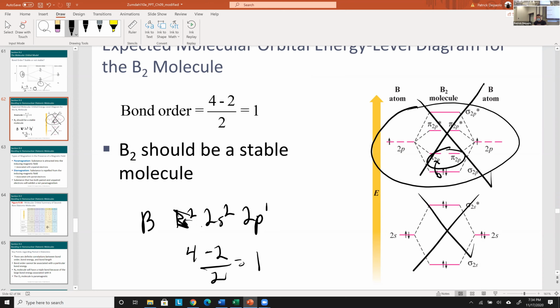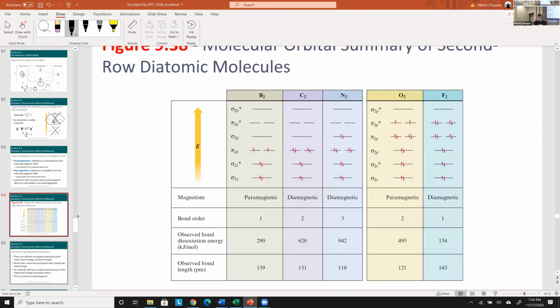So this is correct. I'll walk you through it. For boron, carbon, and nitrogen, not oxygen and fluorine, I'll draw them out on the side. In every case you have your s electrons, which are sigma and sigma star, and you're always going to have these filled up. You have 2 there, 2 anti-bonding.